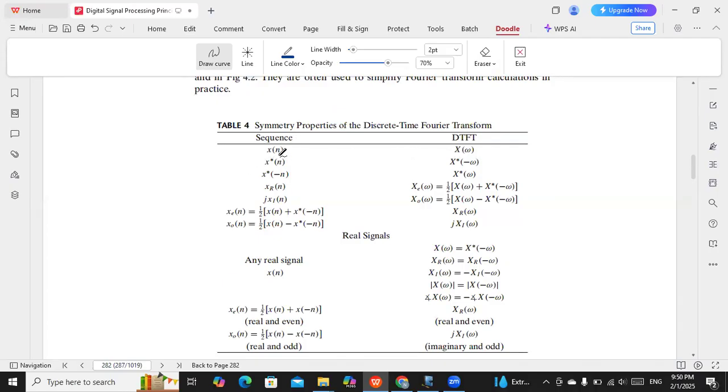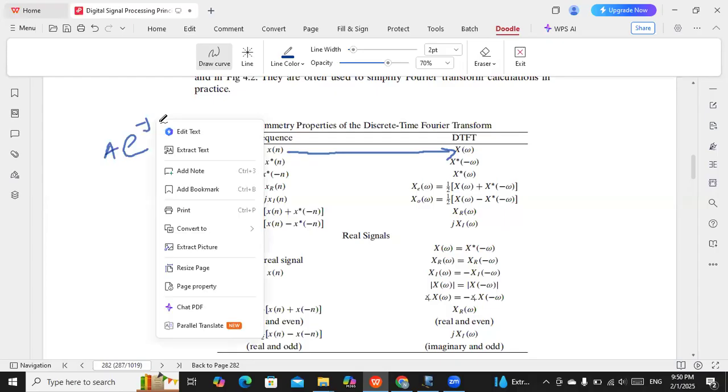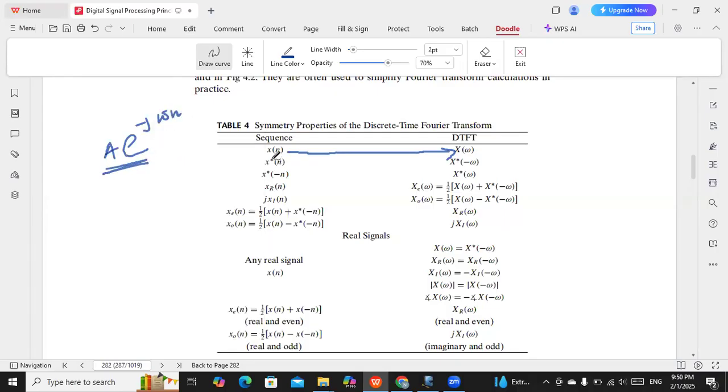So if you have x[n] and you find X(omega), and if we get the conjugate of x, this indicates the conjugate. This is a complex signal, a plus jy type signal, or e to the power minus j omega n type signal. If you know the Fourier transform of x[n], and you get the conjugate, it means the plus value here.